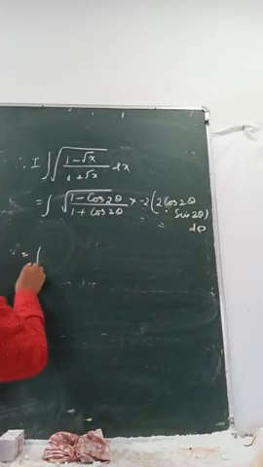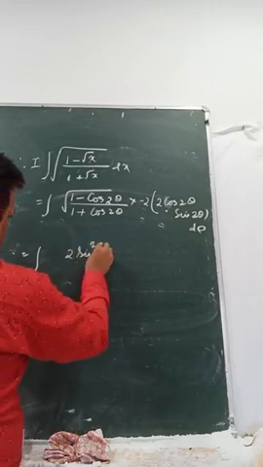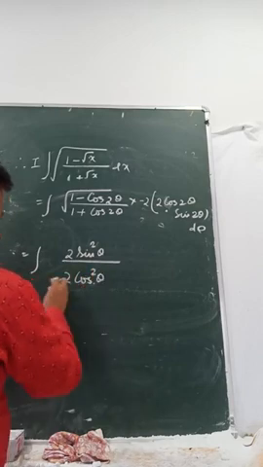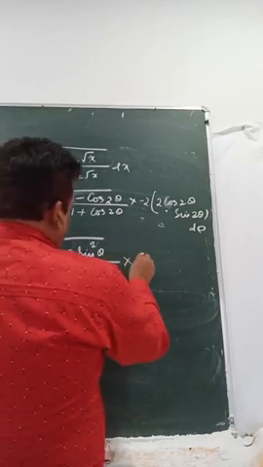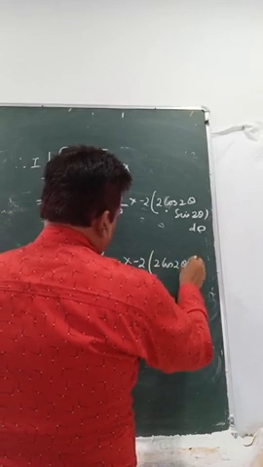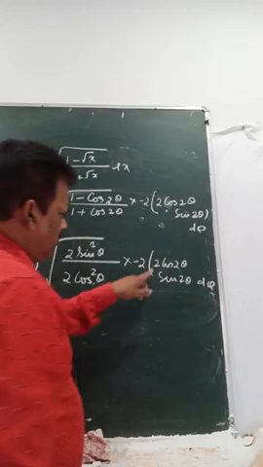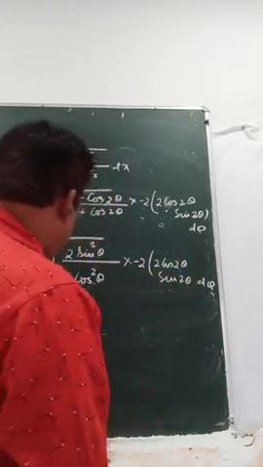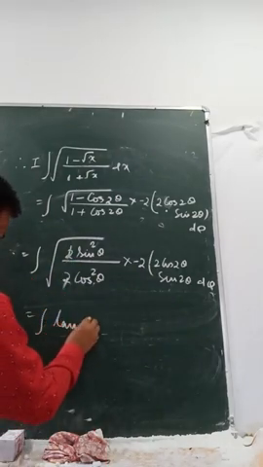Okay, let's simplify it. Simplification: it is root of 2 sin square theta by 2 cos square theta into minus 2 into 2 cos 2 theta sin 2 theta d theta. Don't bring back the formula to sin theta cos theta because you are going to expand it. So this is cancelled. Tan theta.